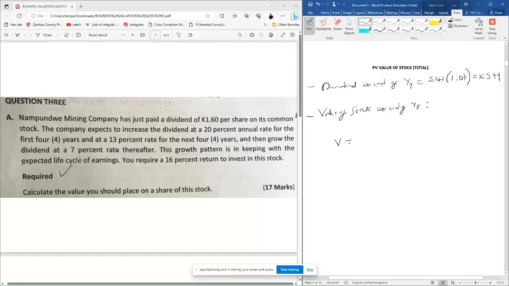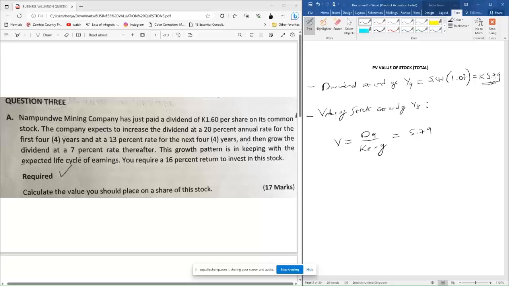V is equal to the dividend at the end of year 9, D9, divided by our cost of capital, which is 16%, minus our growth rate. We know that our dividend at the end of year 9 is 5 kwacha 79. So we're using our dividend at the end of year 9 to calculate the value of our stock at the end of year 8.